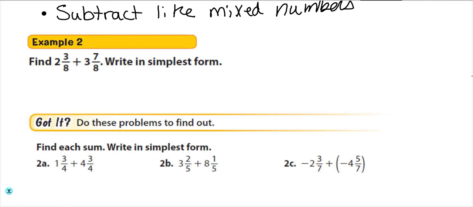Well, the good part is, unlike with multiplication and division where you had to change them into improper fractions, with adding and subtracting you get to pick. You can either keep them the way they are, or you can change them to improper. Now, I'm going to tell you that I don't like to change them to improper.